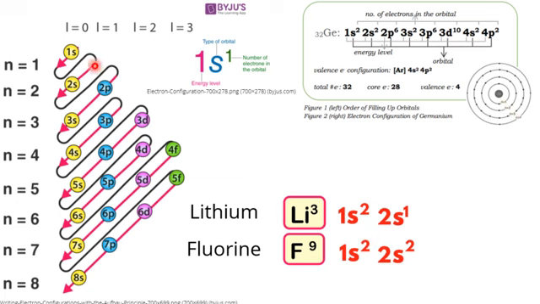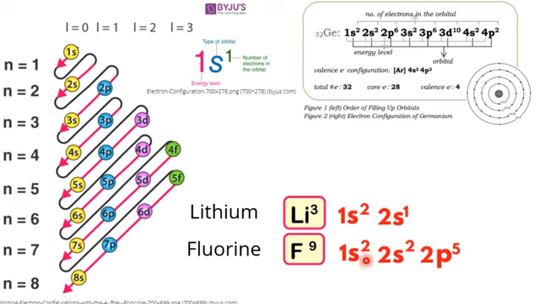So we have to move on with the arrow, and the next one is 2p. The maximum number of electrons of P is 6. But if we write 6 here, it will equal 10, and we only need 9. So instead of writing 6, we write 5.